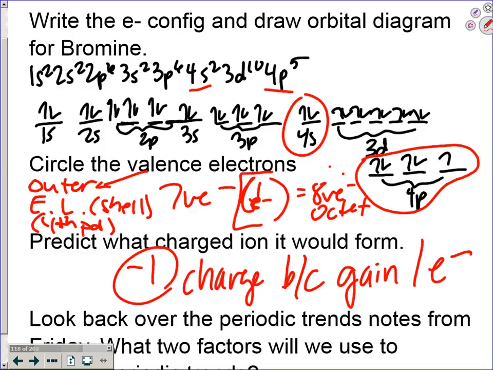Okay, so all of this is just background information from taking your valence electrons up to the octet number, which would mean we gain 1 electron. You should be able to do that with any of these electron configurations. Tell me predicting their charge they would form if they were to form an ion. So looking at nitrogen, predict the charge it would form. Look at nitrogen in the periodic table.